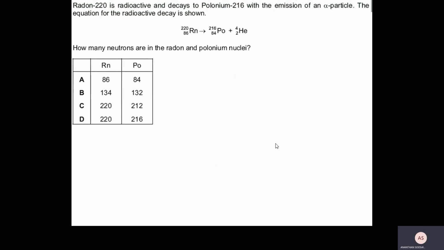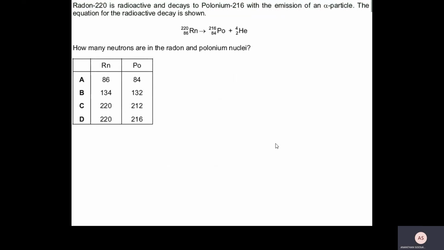Okay, last one. How many neutrons are in the radon and polonium nucleus?